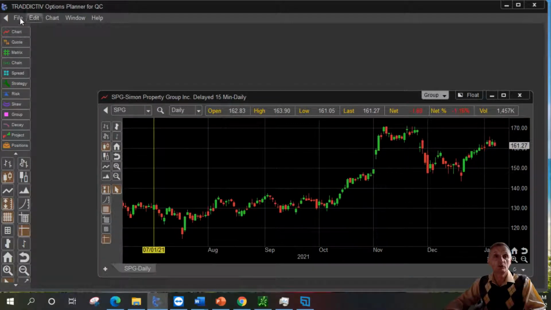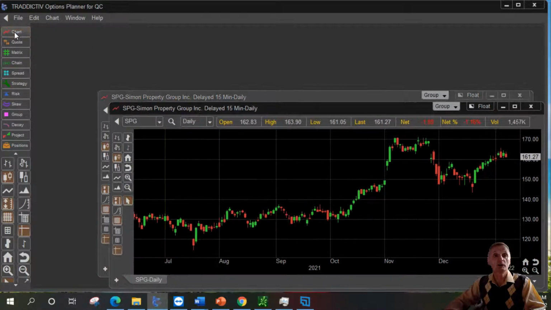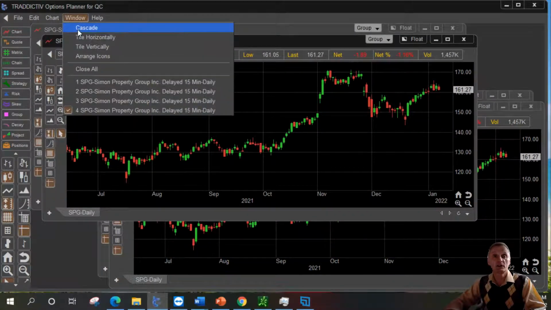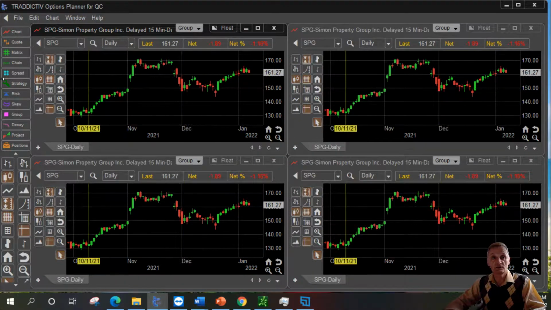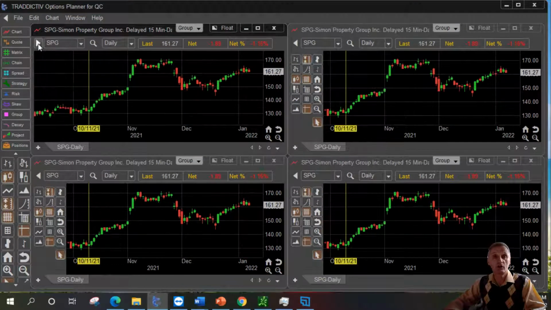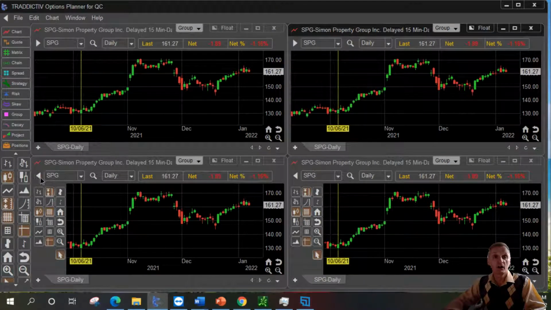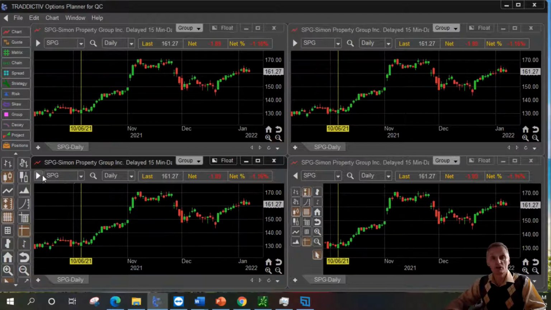So I'm going to bring in the charts 4 times, and once I have 4 charts, I can simply click arrange it horizontally, and each of these charts needs to be adjusted to display the 4 major markets.